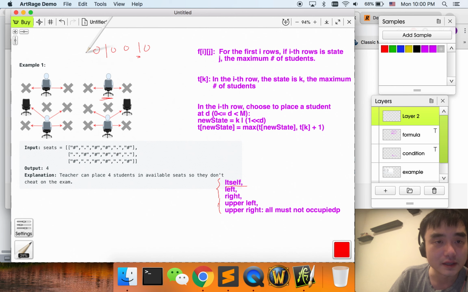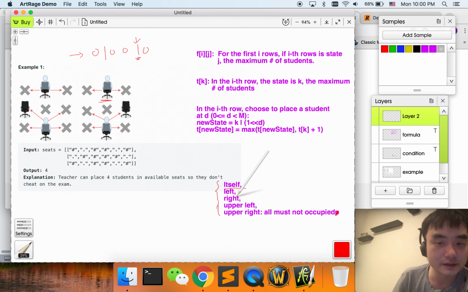For example, if the initial state is like this, we cannot put another student at this place anymore because this place is already occupied, right? So we need to check that the place itself is not occupied, right?